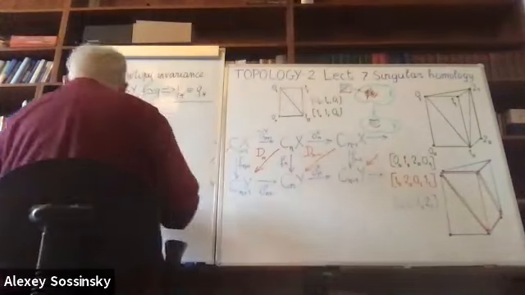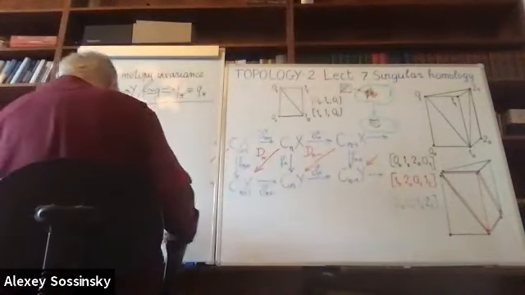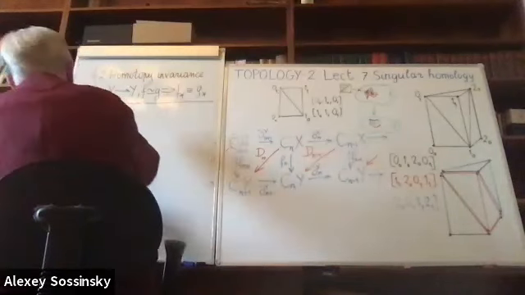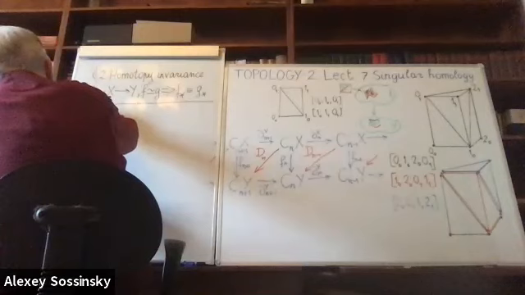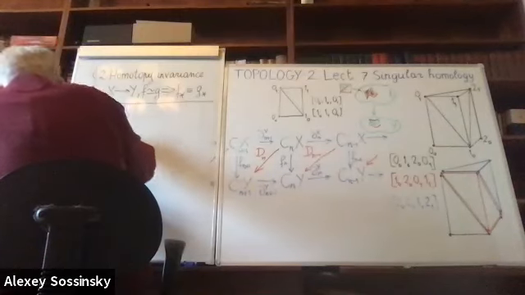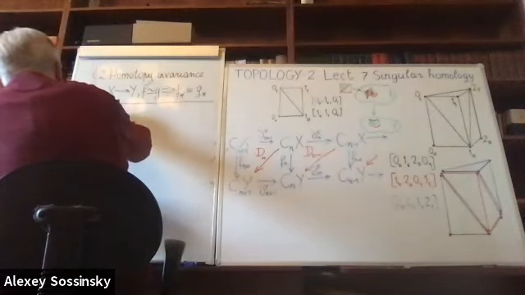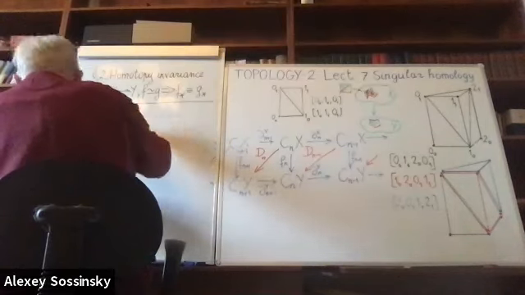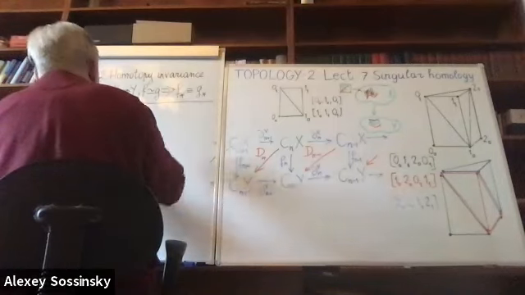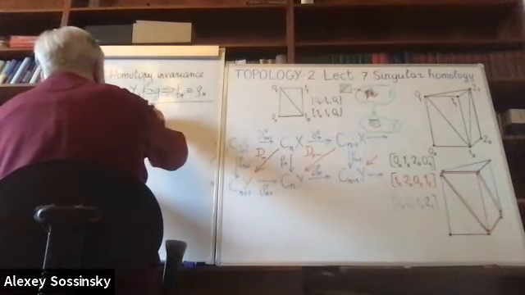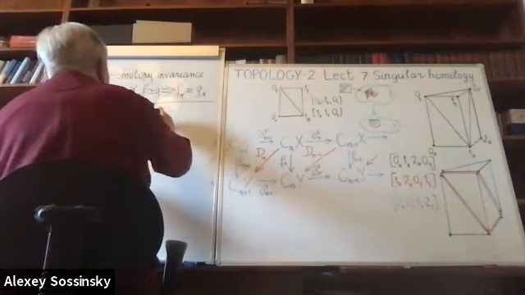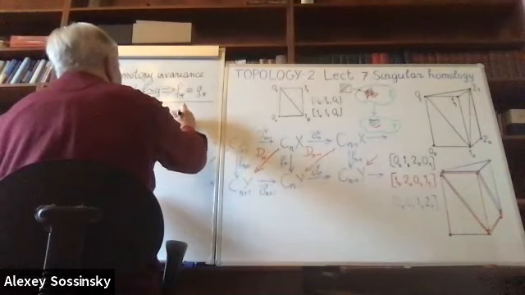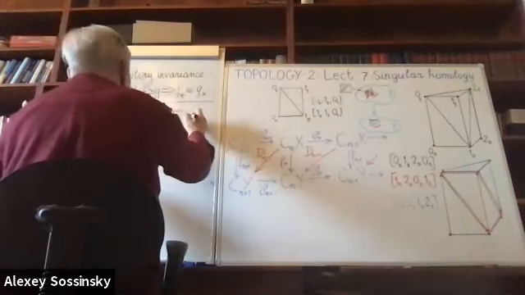So what do I have? I have a homotopy called F_t from X to Y, which begins with f and ends with g. We're doing this.